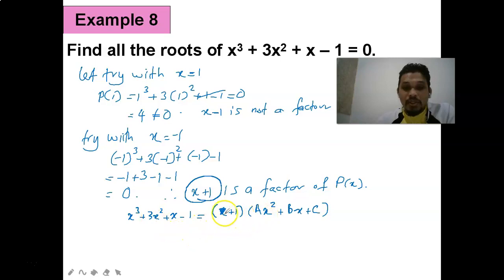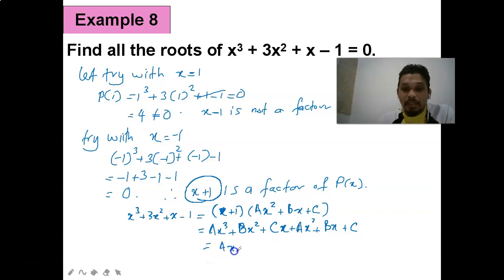When ax squared times x, it gives you ax cubed. Bx times x gives bx squared, plus c times x equal to cx, plus ax squared times 1 is ax squared. Bx times 1 equal to bx, and c times 1 equal to c.